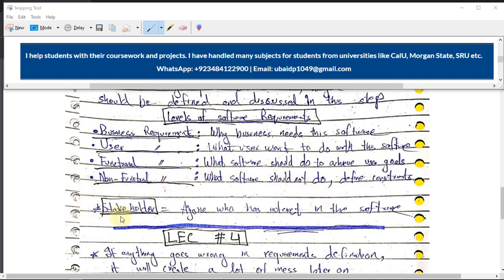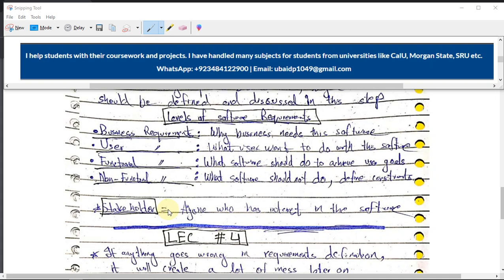And we have the concept of stakeholders. The really simple definition of stakeholders is anyone who has some kind of interest in the software or the system you are working on. So everyone who wants to use or who will be benefited or affected by the system or the project you are working on.